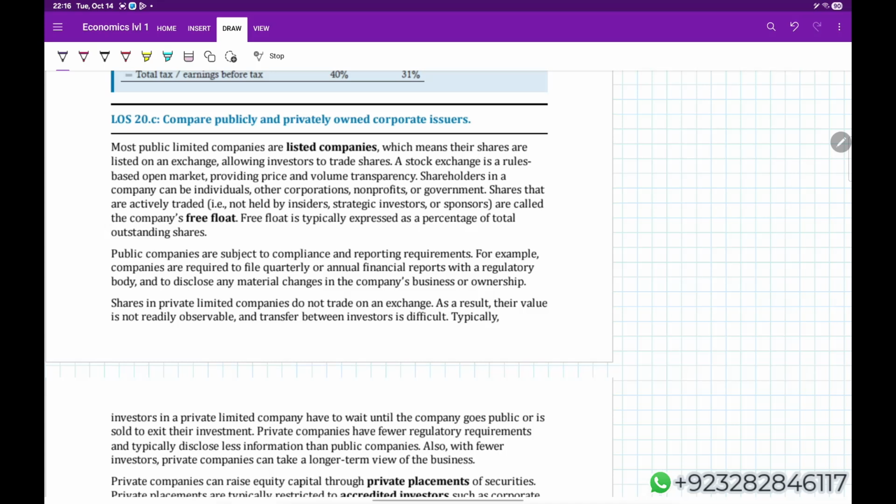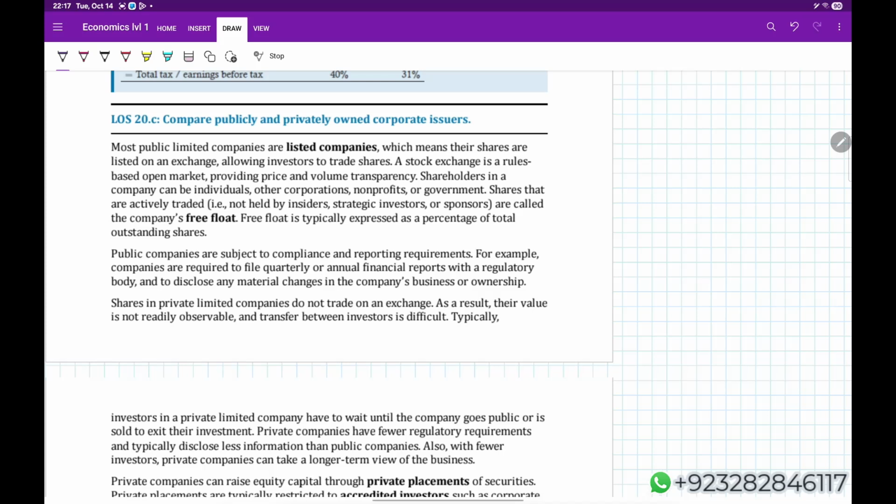Okay, so let's compare the private and public listed entities. First of all, the companies which are listed, they are listed on obviously the stock exchange. Because they are listed on the stock exchange, they have to follow the exchange rules and regulations. They are public listed entities, so they have public accountability, public scrutiny.